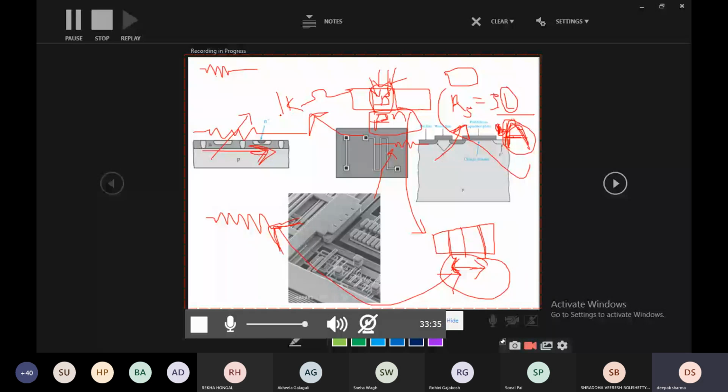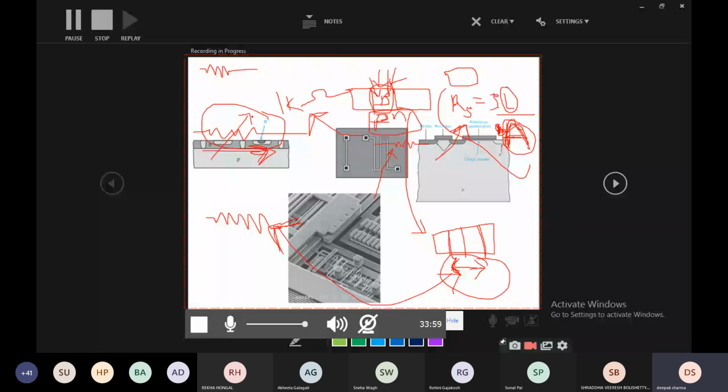So the very bad enemy of electronics is heat only. Even in the laptops or PCs you see that a fan is provided to exhaust the heat, correct? So temperature plays a very important role in changing the resistance.